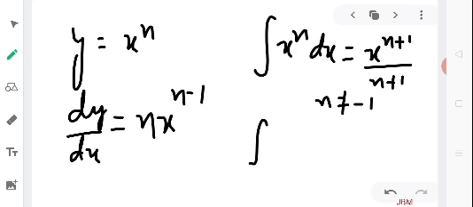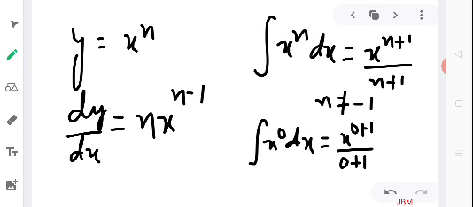If you have integral dx, then we can write integral dx as integral x to the power 0 dx, because anything raised to the power 0 is 1. So that will give us x to the power 0 plus 1 by 0 plus 1, and that will be equal to x. So these are a few results that we'll be making use of while solving these numerical problems.